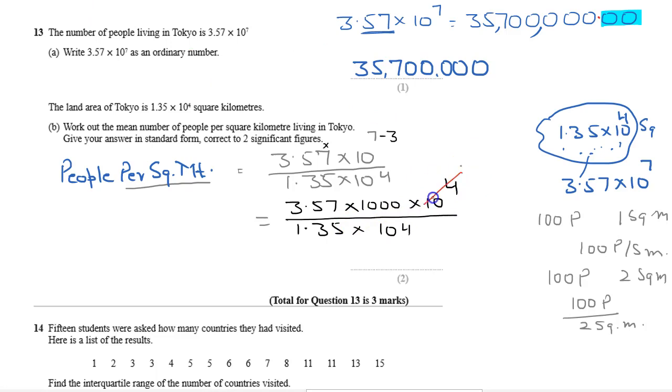So here we can see that this we can cancel. So it will be 3 multiplied by 1000, so 3570 divided by 1.35. So it will be 2644.